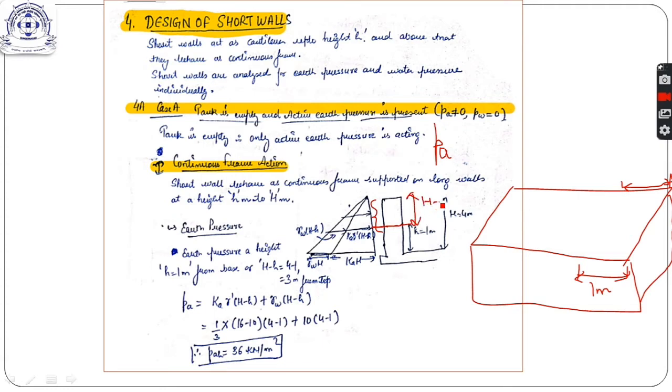We need the pressure acting at this point because we are not considering the bottom portion right now. The pressure at this point is Ka gamma dash (H minus h) plus gamma w into (H minus h). I have already calculated it in the previous part also. So we get the PAH to be 36 kN per meter square at this level.